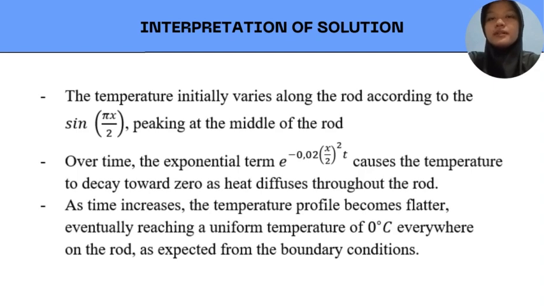And then the interpretation of the solution. First, the temperature initially varies along the rod according to sine of pi x over 2, peaking at the middle of the rod.